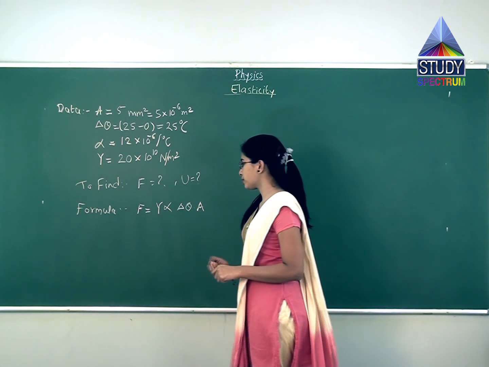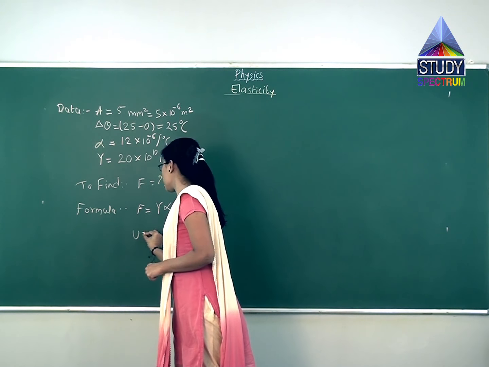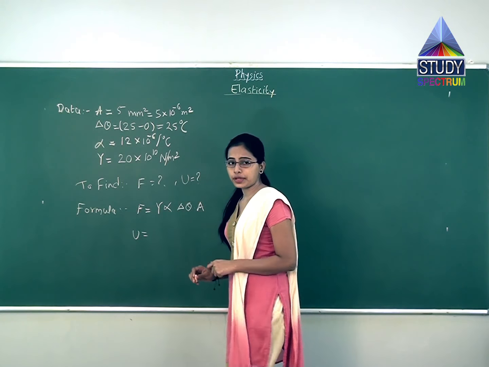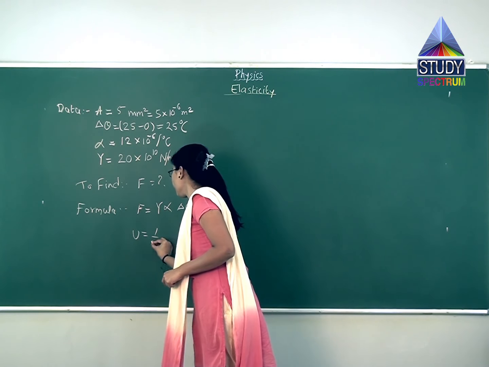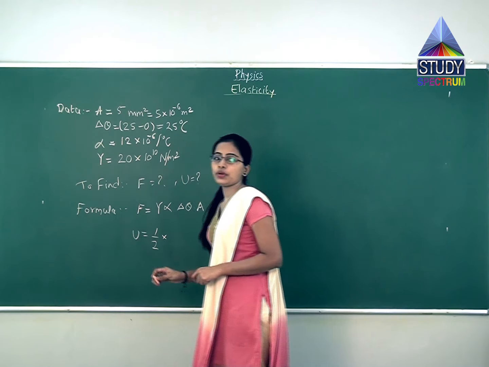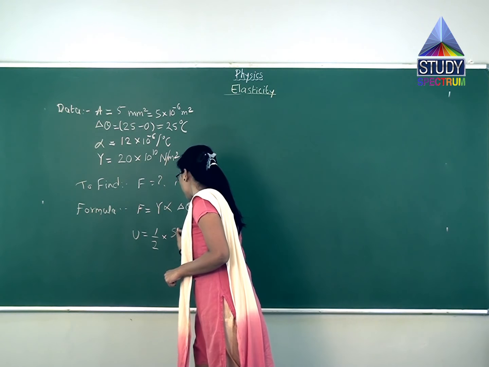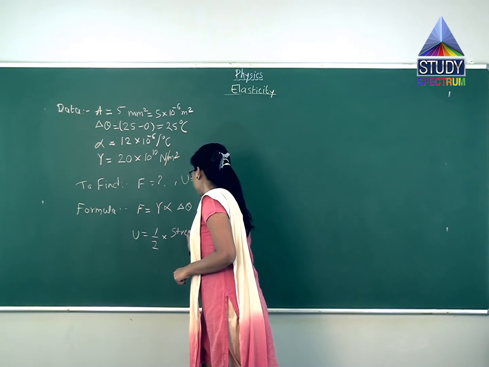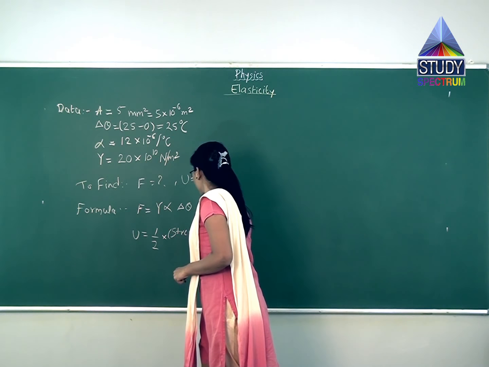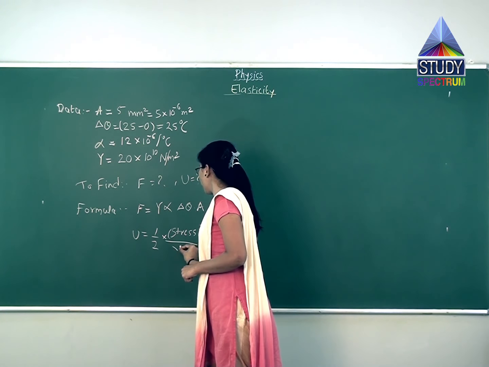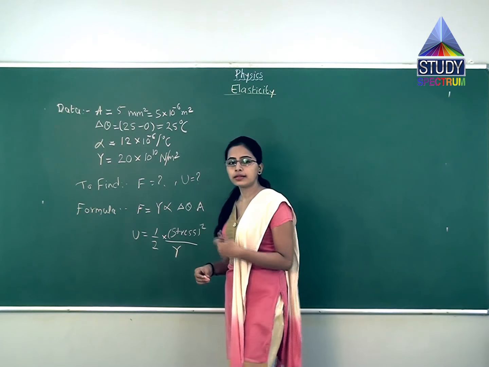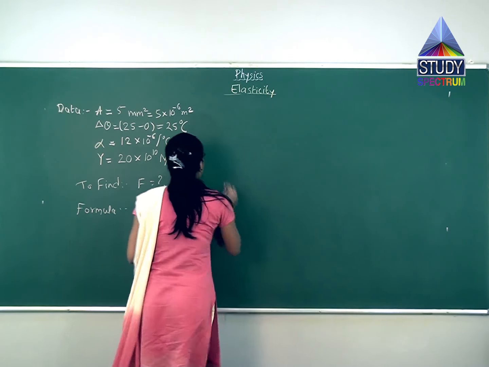So this was our first formula, and the formula of strain energy is half into stress square upon Y, that is Young's modulus. Now let's start solving.